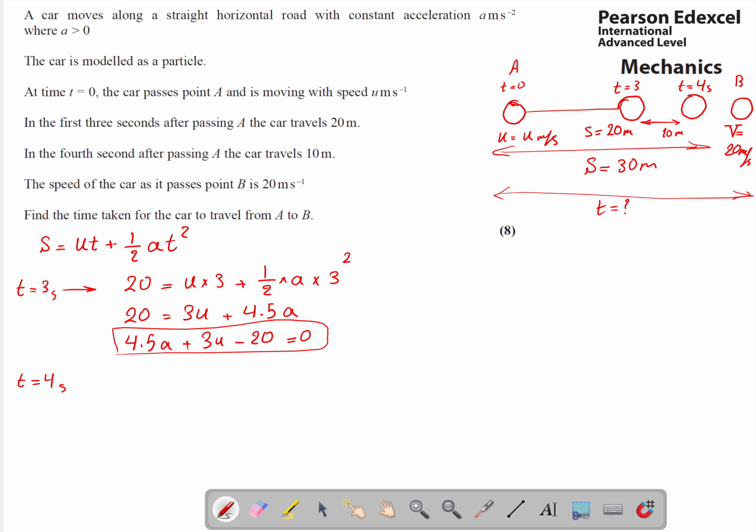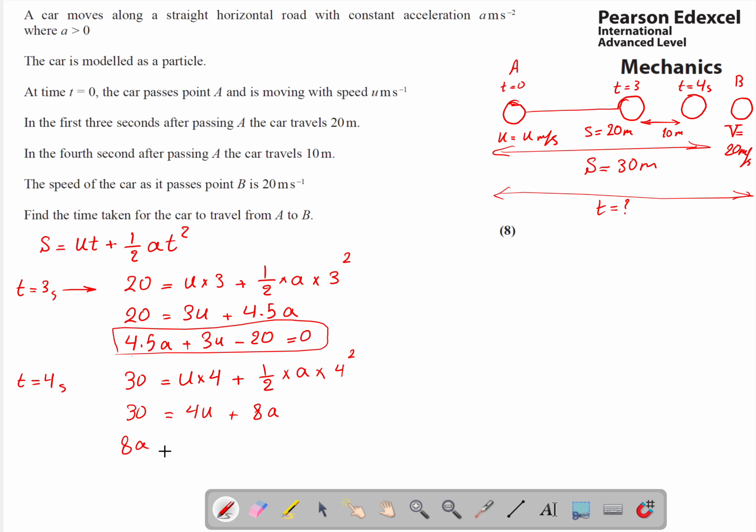So s is 30 meters, equals u multiplied by 4 plus 1 over 2 times the same acceleration multiplied by 4 squared. So 30 equals 4u plus 16 divided by 2, which is 8a.